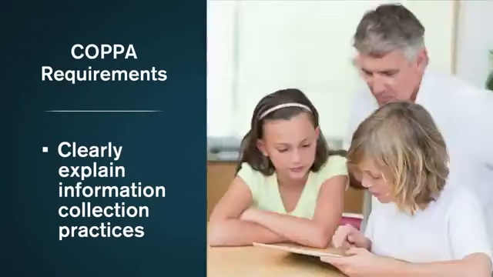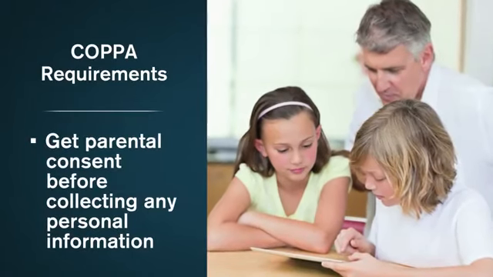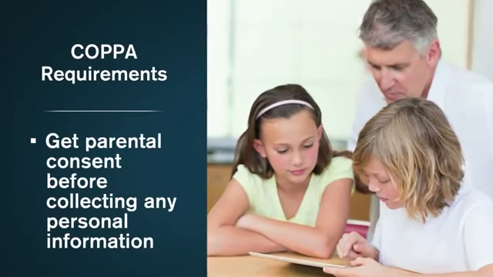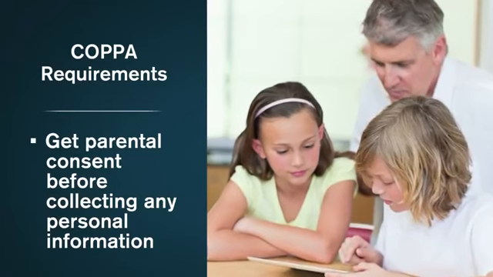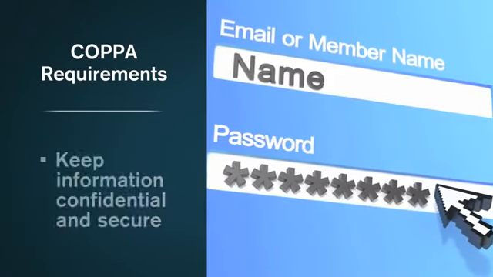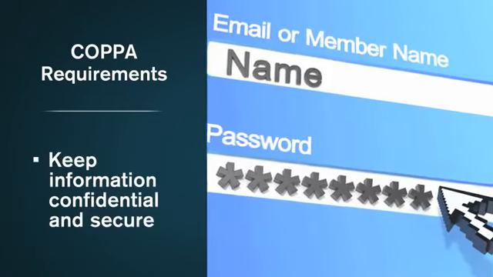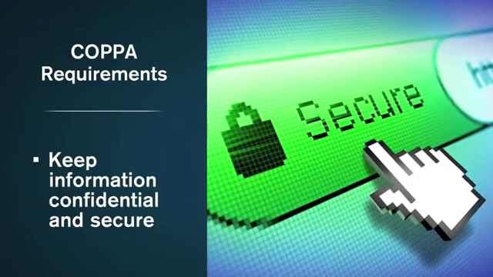In addition, COPPA requires you to get parental consent before the app collects any personal information from a child, and requires that you keep a kid's personal information confidential and secure. Visit the Business Center for compliance advice.